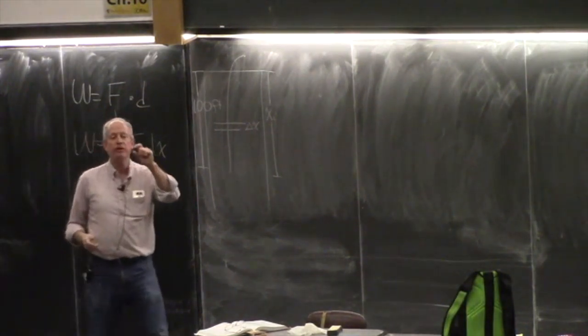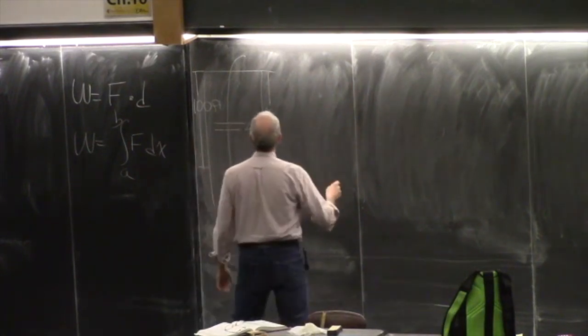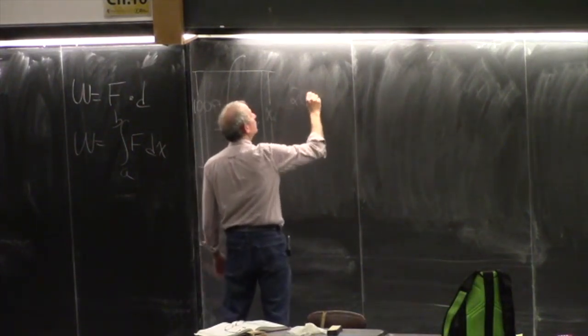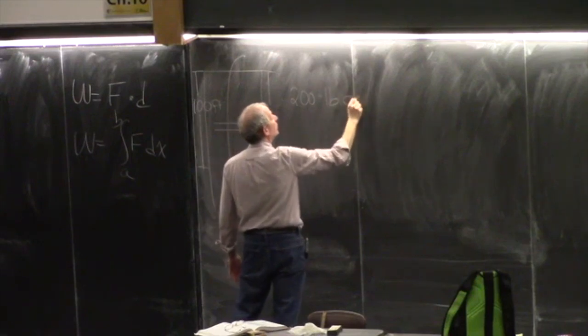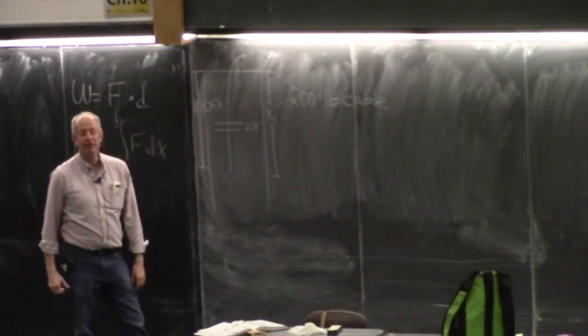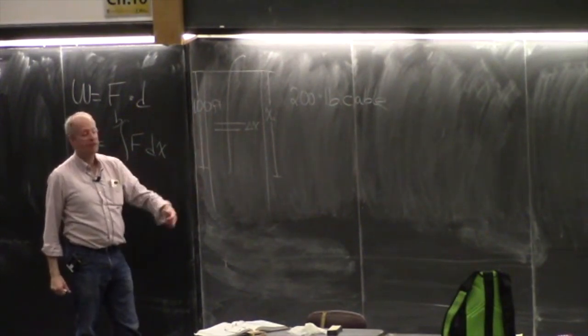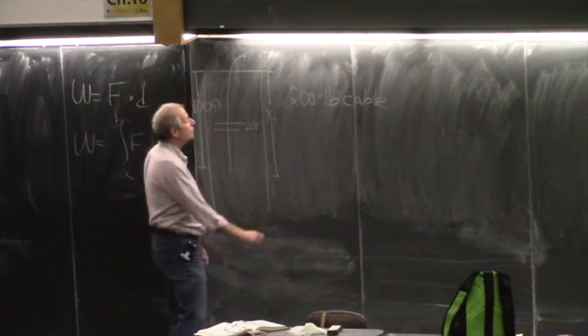So how much does one little piece of that weigh? Well, this is a 200-pound cable. It is interesting that pounds is abbreviated LB rather than something like PD, but that's a French thing. And it's 100 feet long.